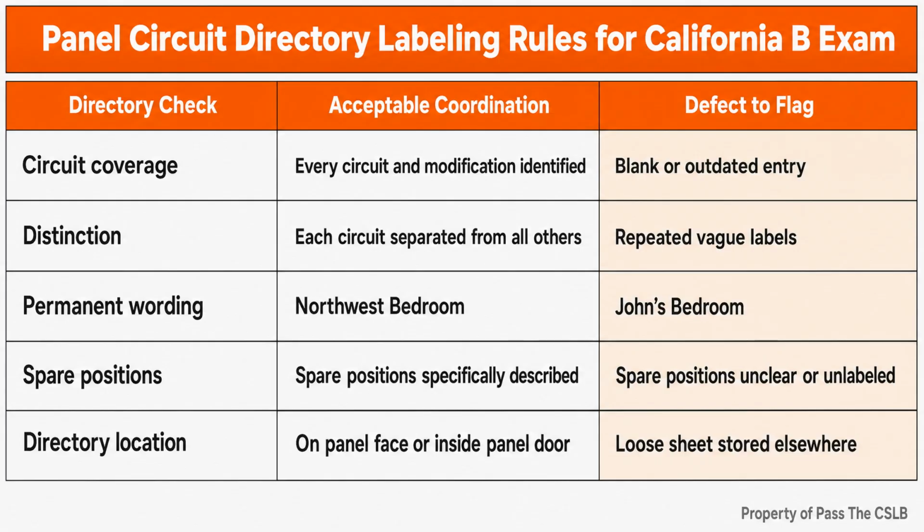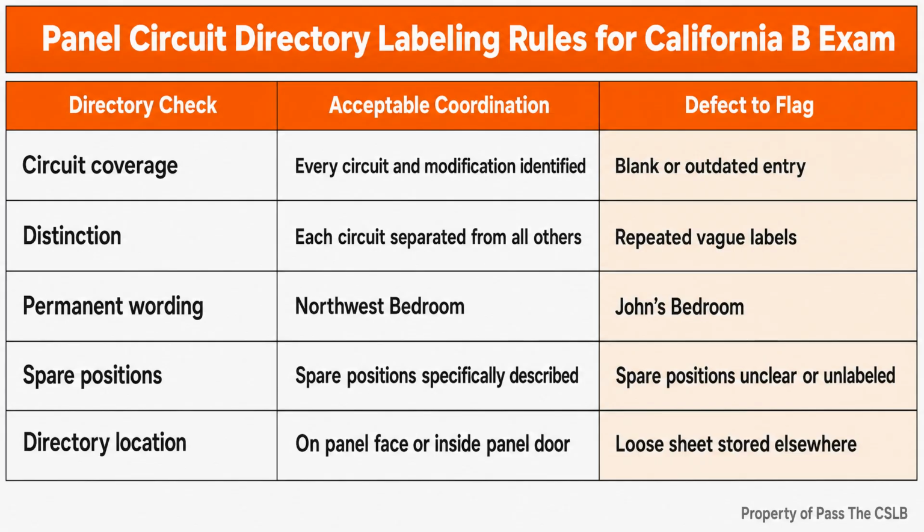The directory belongs on the face of the panel or inside the panel door. That location matters because the identification has to stay with the equipment. A loose sheet in a job binder may help the project team, but it does not replace the directory at the panel. Specific means specific enough to survive a change in occupants.